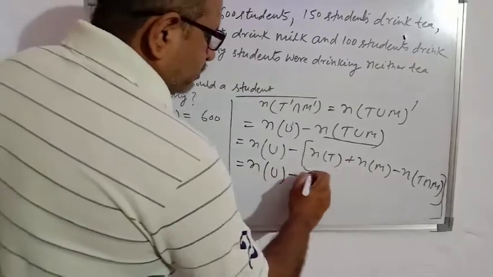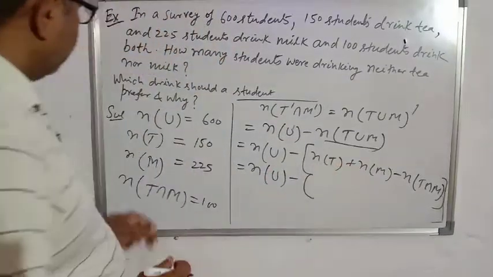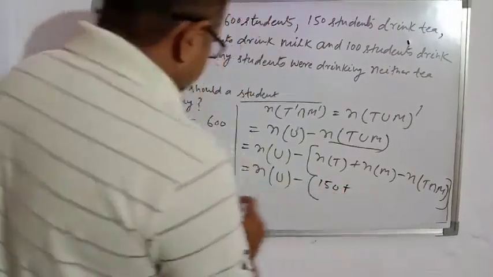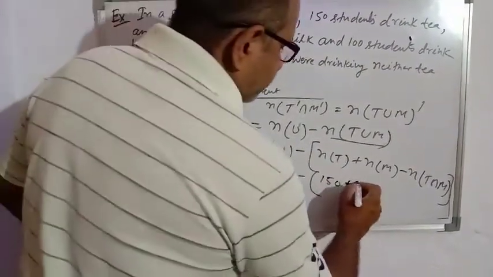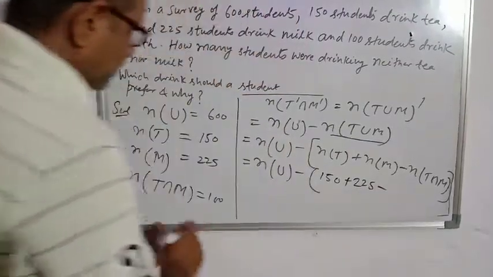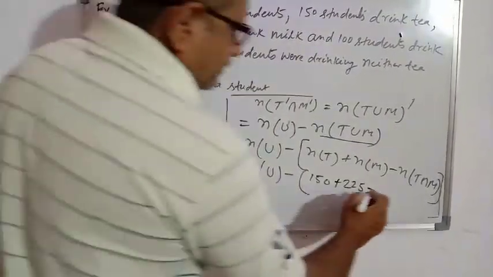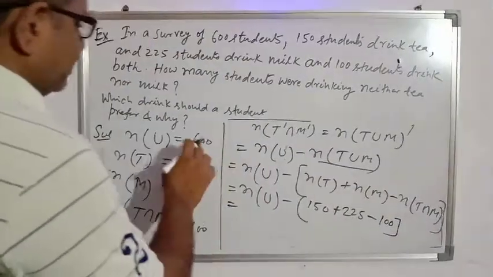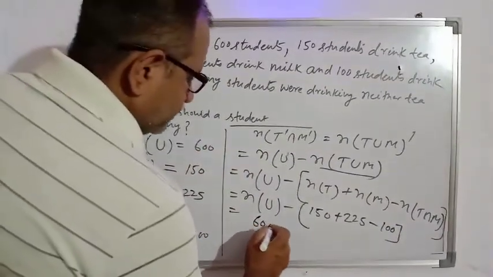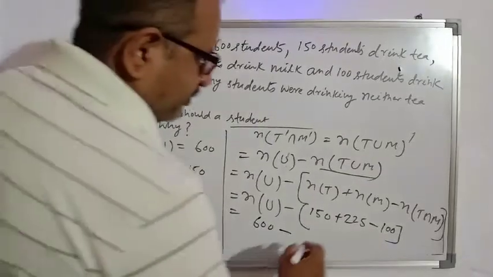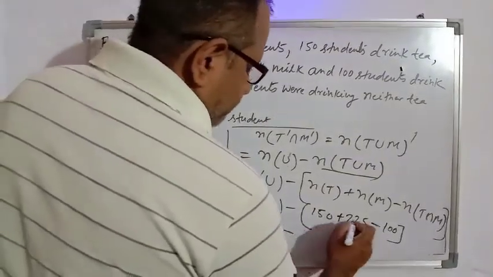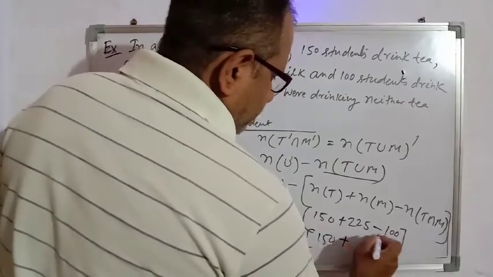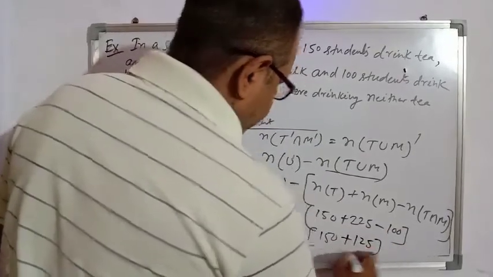n(T) is 150, n(M) is 225, minus n(T intersection M) 100. n(U) is 600 minus 150 plus 225 minus 100, which gives 125.